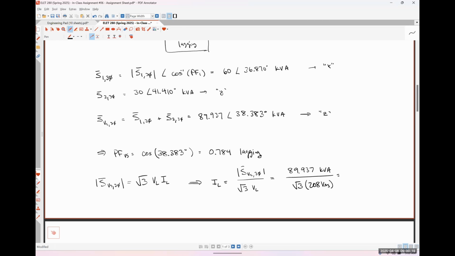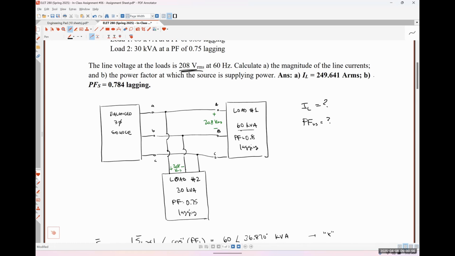The magnitude of Z divided by the square root of 3 multiplied by 208 gives me a current of 0.24964 kiloamps RMS, or 249.641 amps RMS.